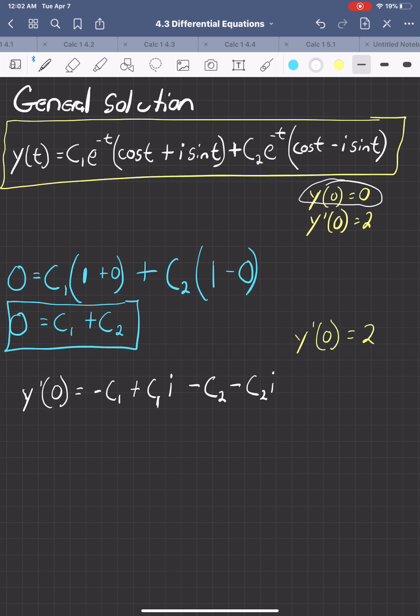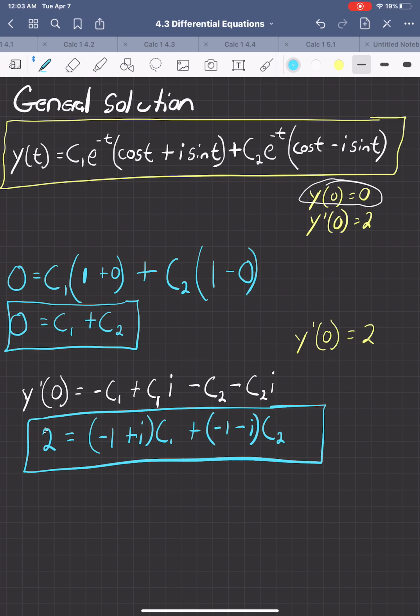I'm going to set it equal to 2. So we end up with 2 is equal to negative 1 plus i times c sub 1 plus, again, now let's factor out a c sub 2. So this would be negative 1 minus i times c sub 2. And let's box this in as well.